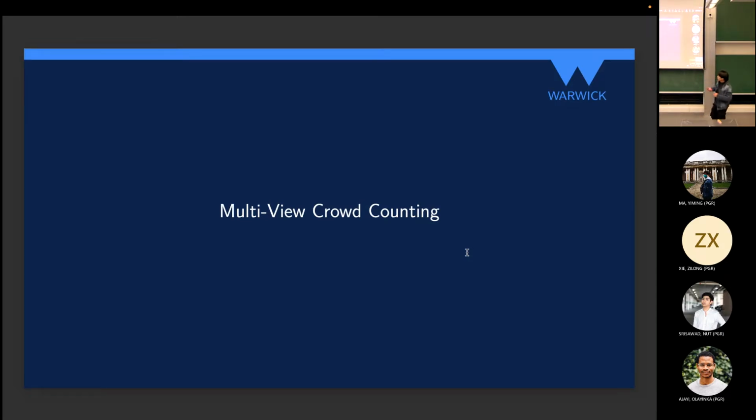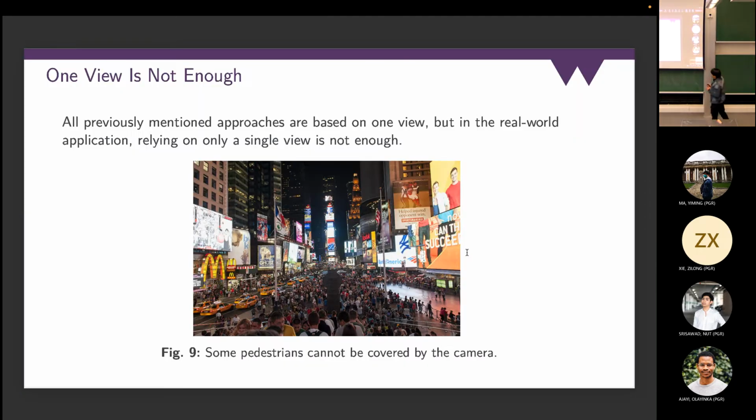People also tend to do crowd counting from multiple views. Just as I said, there may be some occlusion in a single view. Here is an image taken at Times Square, and here is a pedestrian bridge. From this camera, you don't know what's going on under the bridge or at the side of the street.